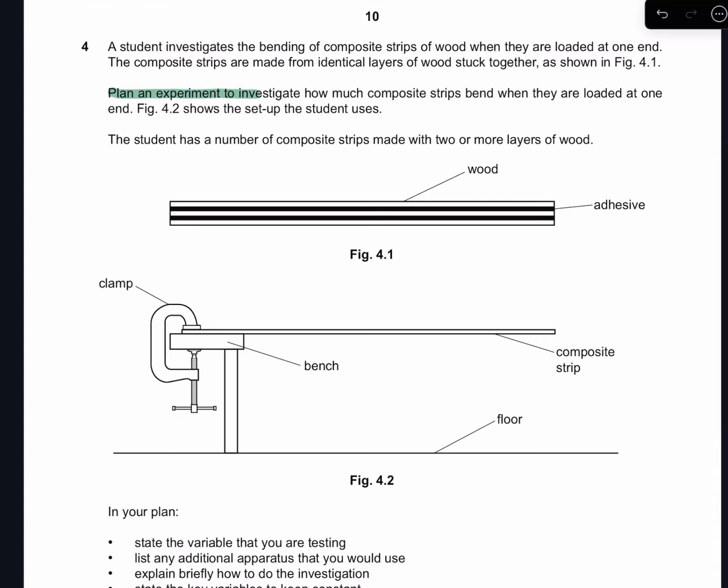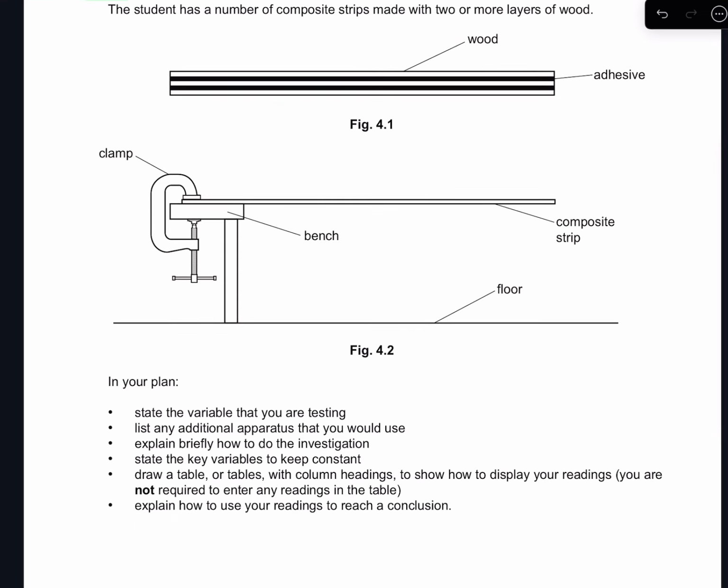Plan an experiment to investigate how much a composite strip bends when it is loaded at one end. Show the setup the student uses. This setup is given here. You are given a variable to study: the bending of the strip. Some information is given above, you can read it yourself. And this condition is given, you have to look at this.